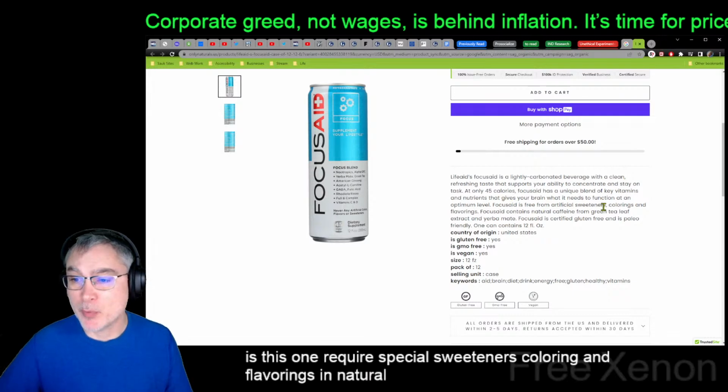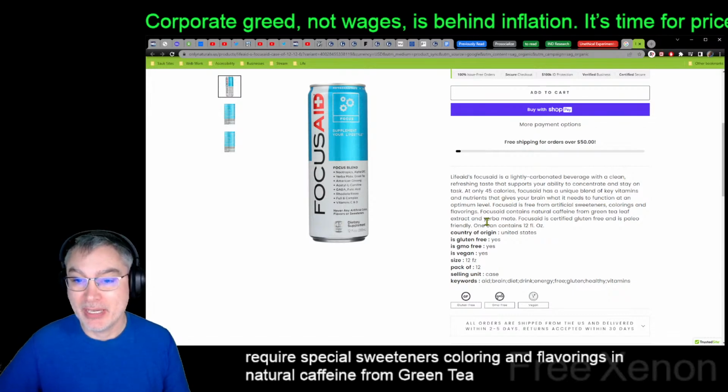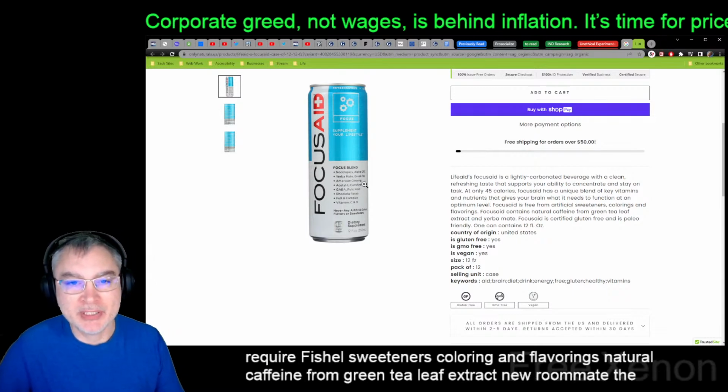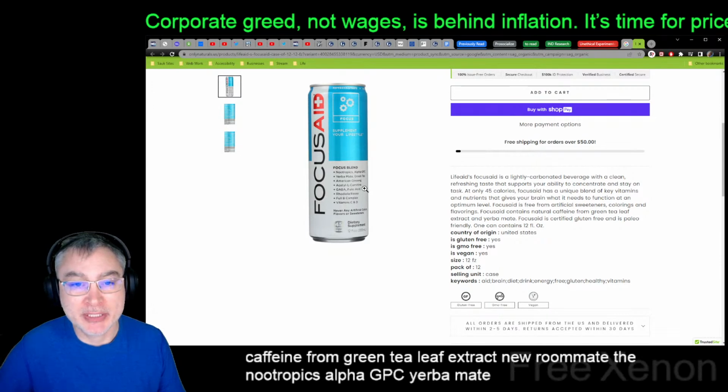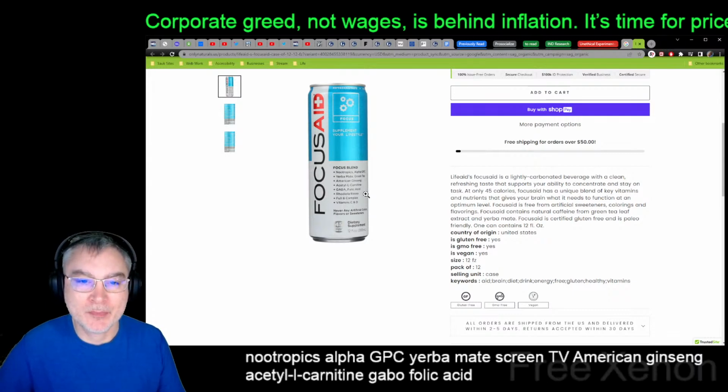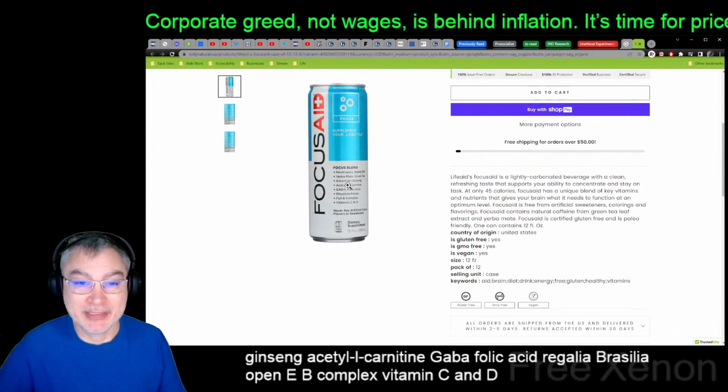Natural caffeine from green tea leaf extract and yerba mate. Oh, here it is. Focus. Okay. So nootropics: alpha GPC, yerba mate, green tea, American ginseng, acetyl L-carnitine, GABA, folic acid, Rhodiola rosea, full vitamin B complex, vitamin C and D. That's what is in this.